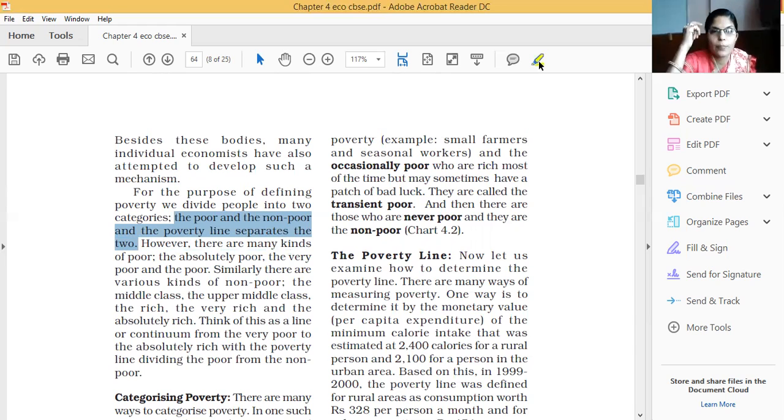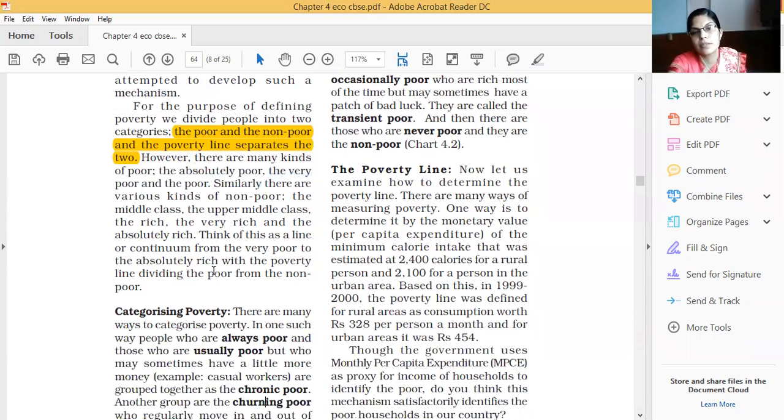There are many kinds of poor: the absolutely poor, the very poor, the poor. Similarly, there are various kinds of non-poor also. A person who is not poor, that also has many types.